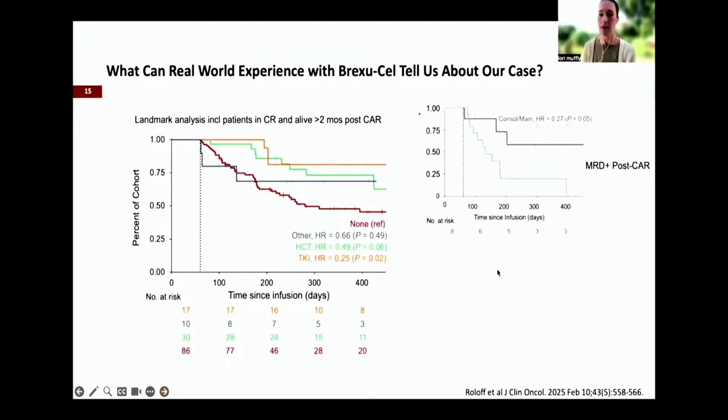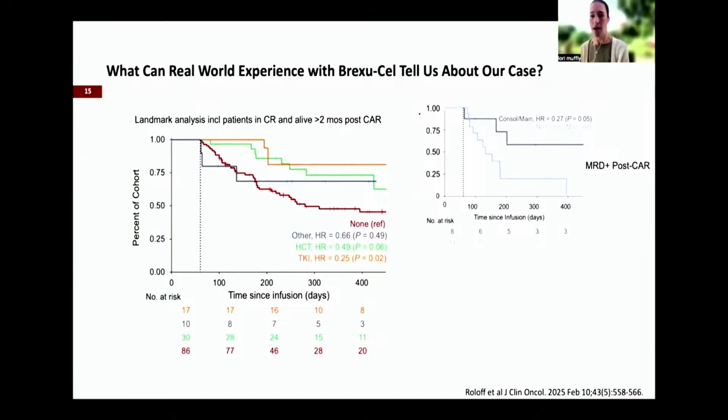And then we looked at also the association of NGS MRD response to Brexucel. We were interested in this particular analysis in whether the use of consolidation with transplant or TKI was really dependent on whether or not patients were MRD positive or negative post-CAR.